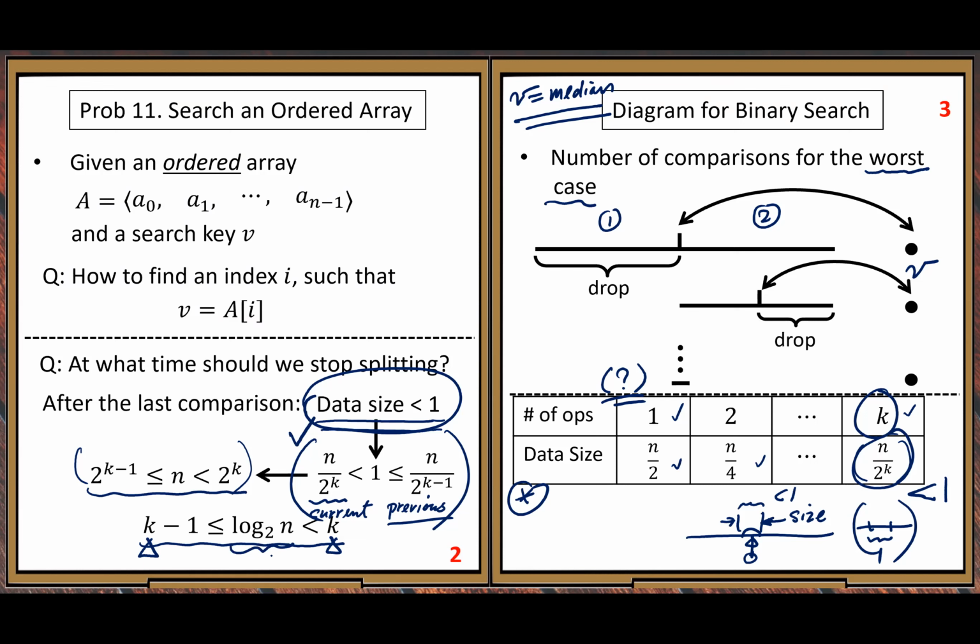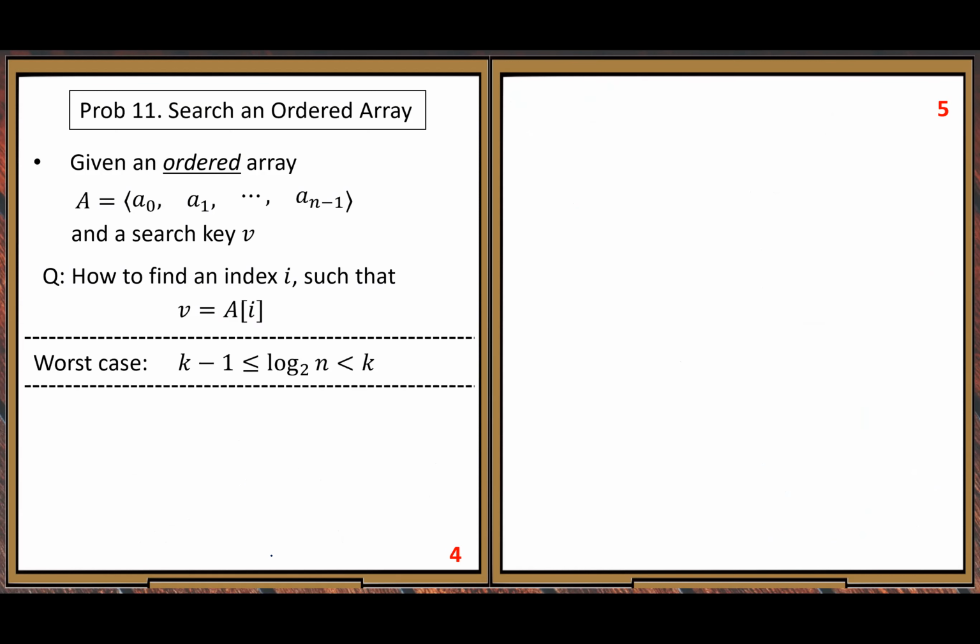So we have to use a log base 2 expression for m. Next, for the worst case, k satisfies this inequality. But when we use an inequality, that means there is still some room for k.